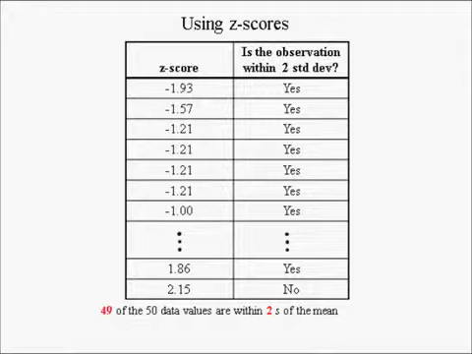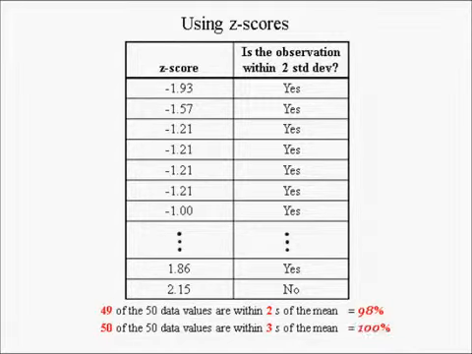The empirical rule says about 95% of the observations are within 2 standard deviations from the mean, while Chebyshev's theorem says 75% of observations are within 2 standard deviations of the mean. Since the most extreme value is the maximum of 109, and it has a z-score of 2.15, all, or 100% of the observations, are within 3 standard deviations of the mean.